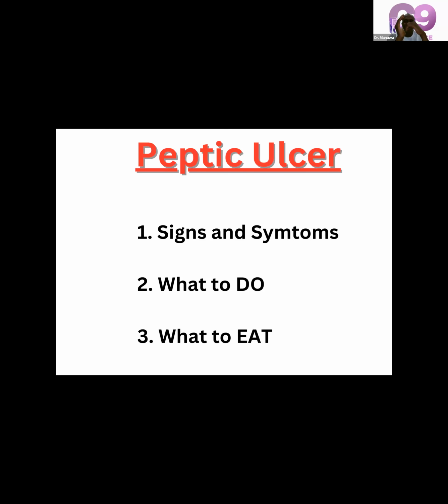If it affects the lower part of the stomach, where it is now emptying into the small intestine, that is called duodenal ulcer. But both gastric and duodenal ulcer are called peptic ulcers. So just to make you understand what we mean by peptic ulcer, it is either gastric ulcer or duodenal ulcer. But ulcer generally is causing a lot of havoc today in the society.